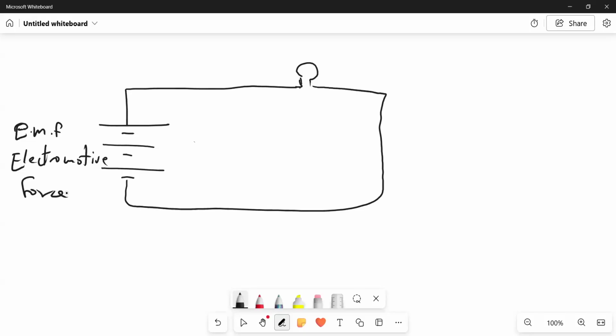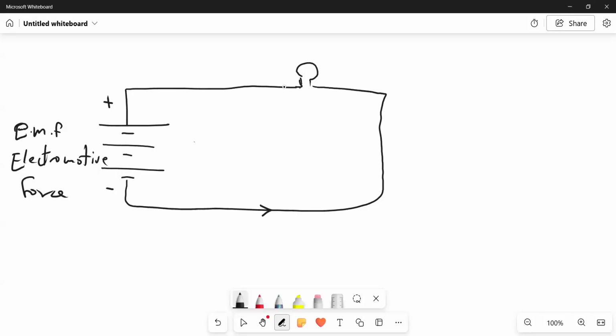So the power source or the energy source, whichever you want to say, creates something called an electromotive force, and that has to do with the elements inside the battery or the generator that you have. It creates a certain difference where this is positive and this is negative. And this electromotive force creates a current through the circuit.